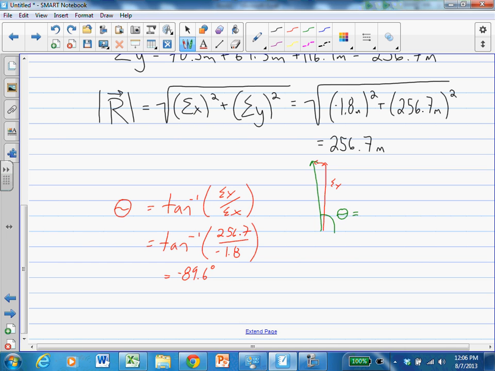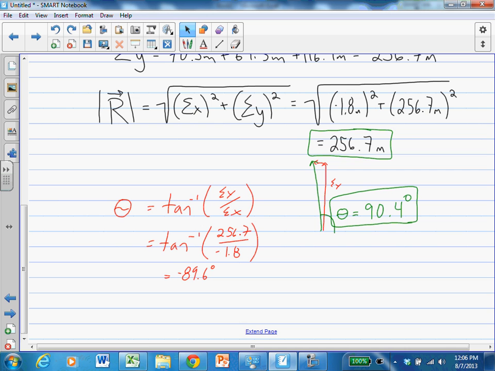So it's almost all right along the y-axis. So if you can do that one, you can do all the work you need to with vectors.